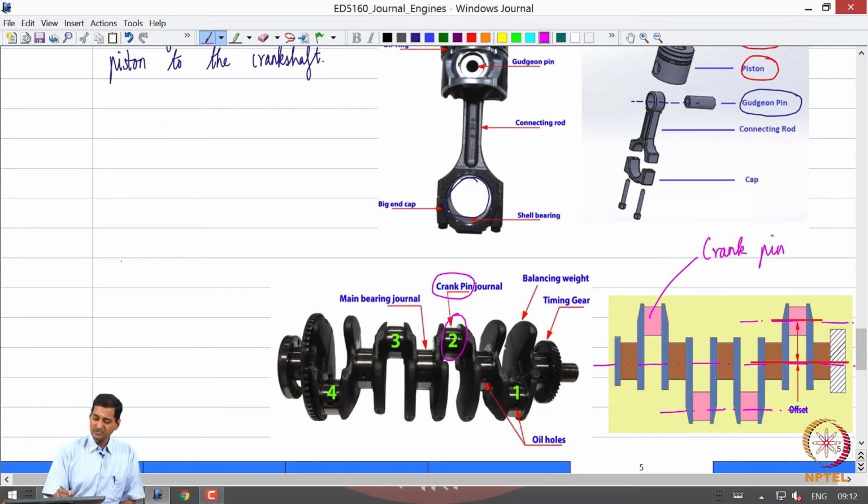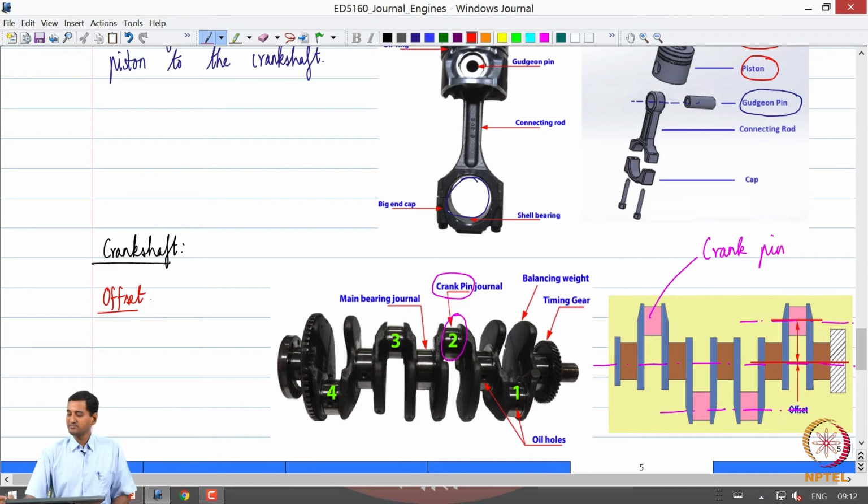That is what is called the offset of the crankshaft. So, this component is a crankshaft, what we are now discussing, and there is something called a crankshaft offset. So, what is the crankshaft offset?